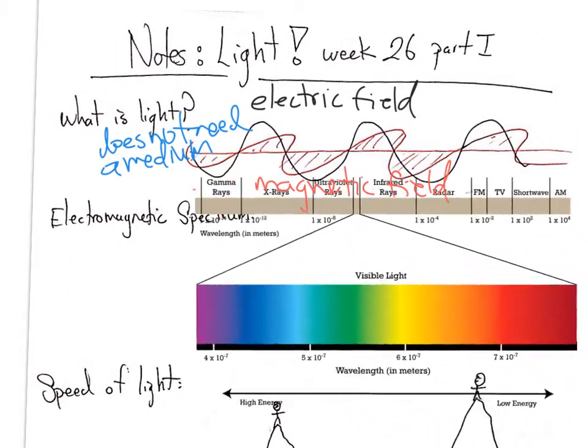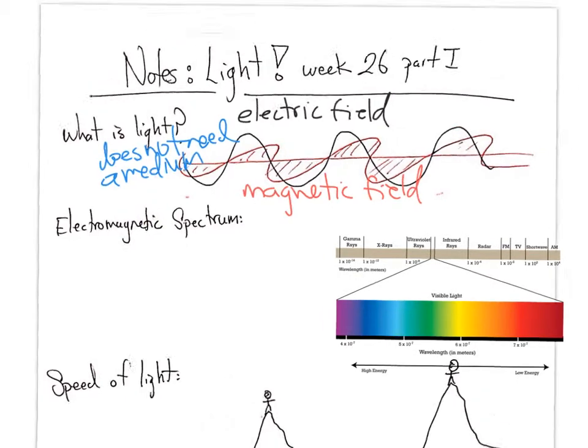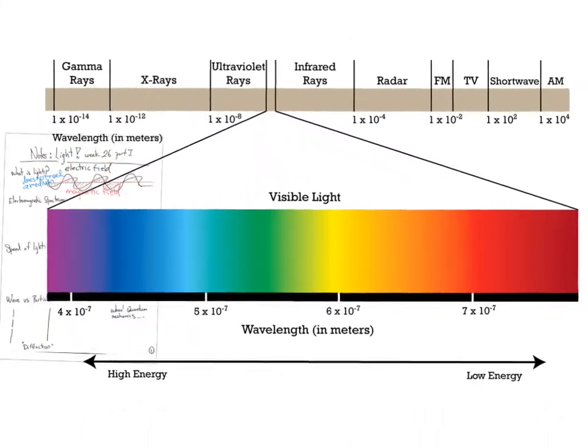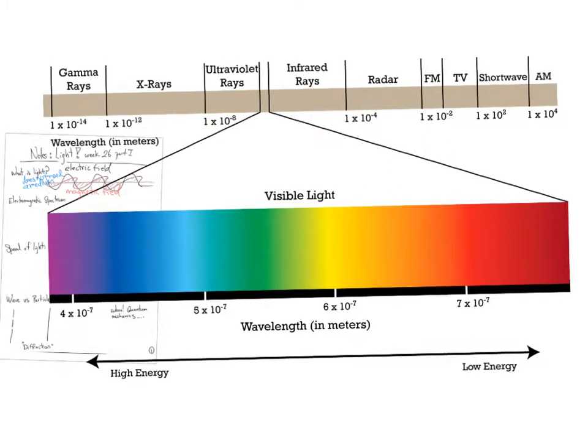So the electromagnetic spectrum, you probably remember some of this from chemistry. It looks like this. It turns out all of these are electromagnetic waves. So these are all light. It just turns out that our eyes are perceptive to certain frequencies or wavelengths.